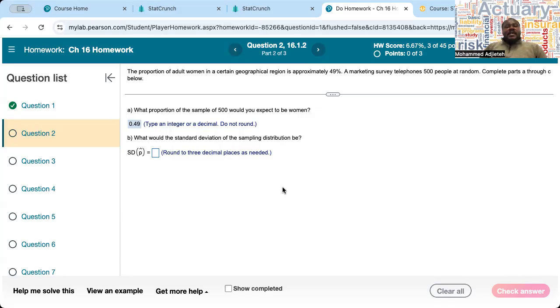And then what is our N here? 500. So try to do that and tell me the answer. So you can do that and then put that in your homework. Anybody wants to tell me the answer for B?